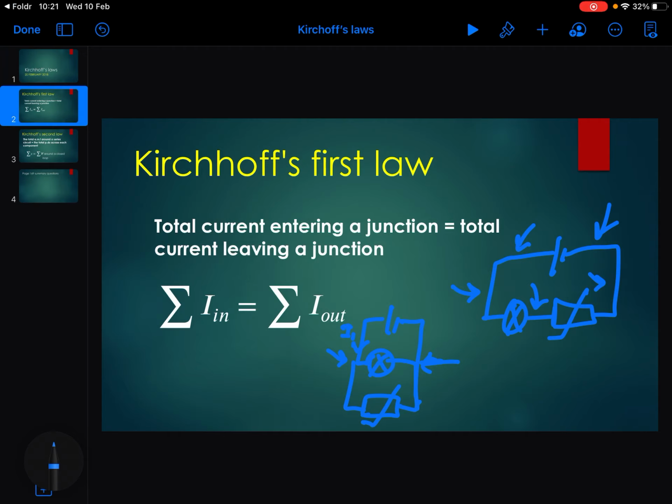That means current 2 might be going down here, and current 3 going across there. So I1 is going in, that is your total current in, and that has got to equal the total current out, which is made up of I2 and I3. Do you see what I mean? Because at that junction, you've got a certain amount going in, a certain amount going out. And the same applies for the junction on the other side. So that's Kirchhoff's first law.